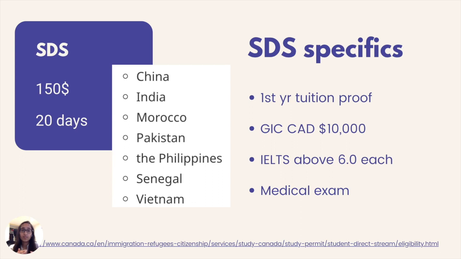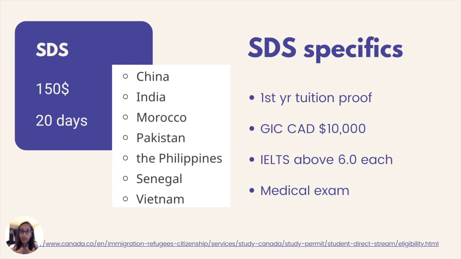I want to really specify that the Student Direct Stream has some documents that you specifically need, which are not mandatory for the study permit. So, first year tuition fee proof is a mandatory requirement for SDS. You need to have a GIC of $10,000 at least.